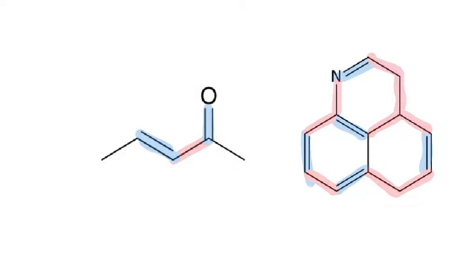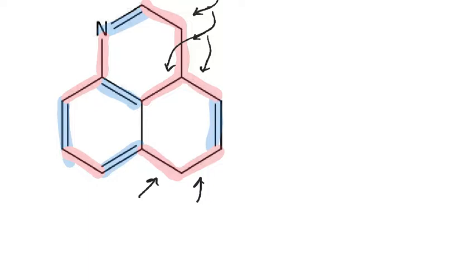Now, this is actually a good practice because you'll see that on the right side, these are not going to be conjugated because the blue double bond over here is not separated by another double bond with only one sigma bond. This one over here is an isolated pi bond.